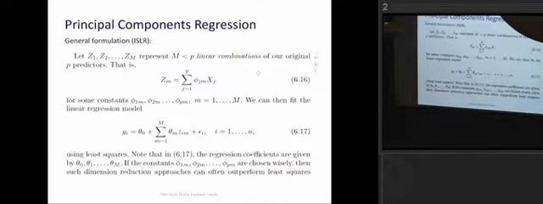Okay, so now let's get into the nuts and bolts of the method. The general formulation. Let Z1, Z2 to Zm represent M linear combinations of our original predictors, where M is less than P, and there are P predictors. That is, Zm is a combination of all P predictors.